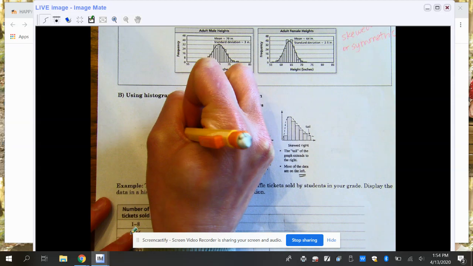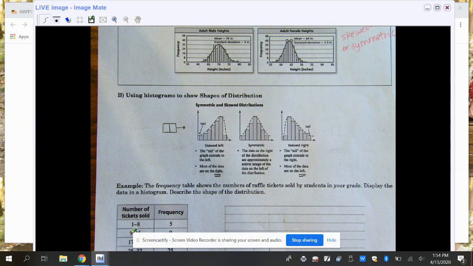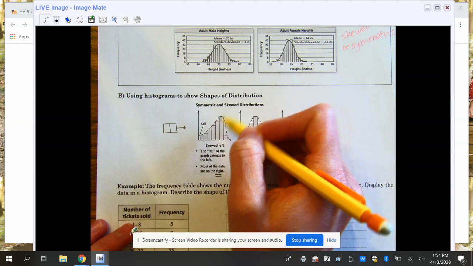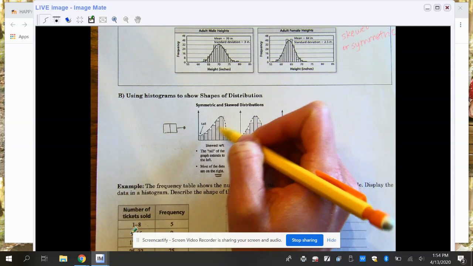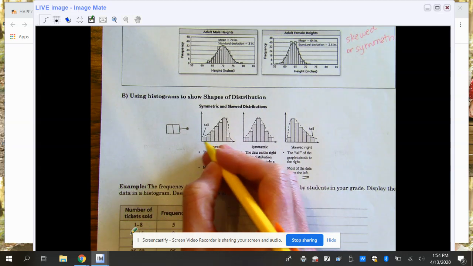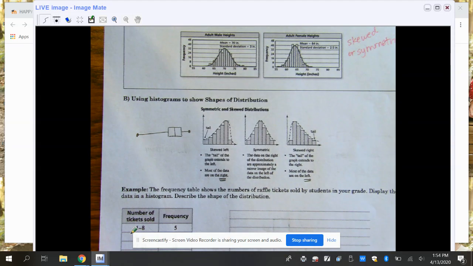And on a box and whisker plot, when we've got a lot of data that's close together, we have shorter boxes and shorter whiskers. So when we've got a lot of tall bars over here and not as many over here, that means you've got a few low values that would be pulling your mean down.